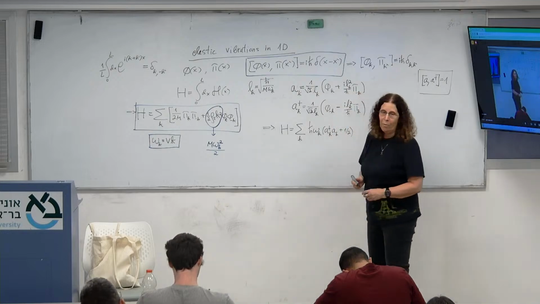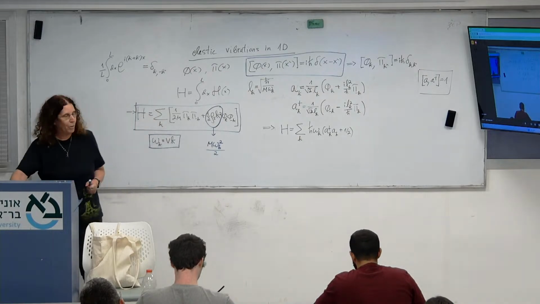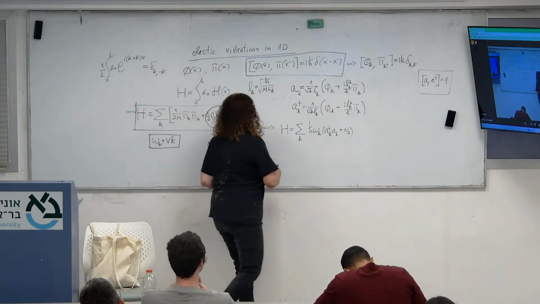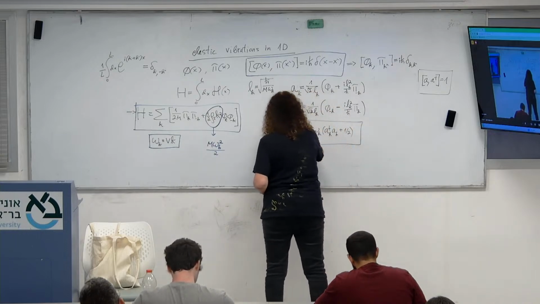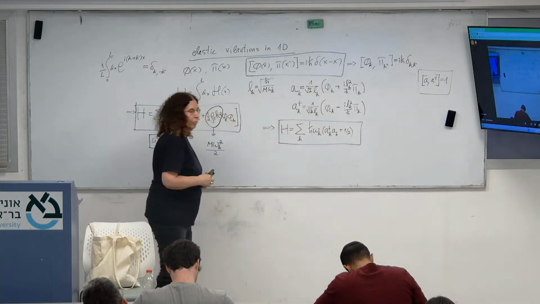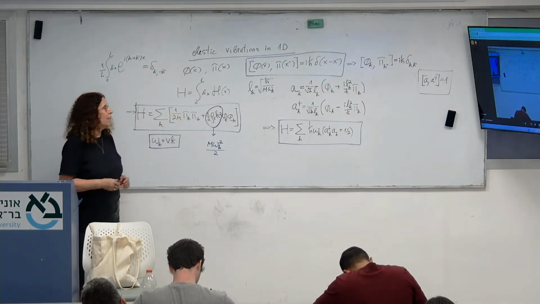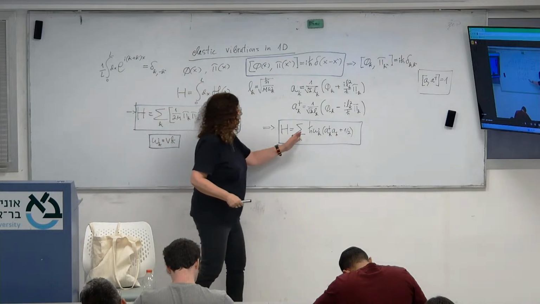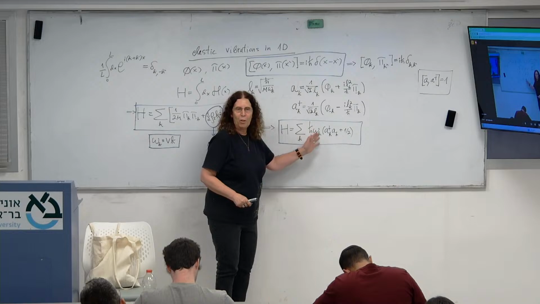And if you don't believe me, do the calculation. But it comes out very nicely. So the Hamiltonian looks exactly like a sum of many independent harmonic oscillators.